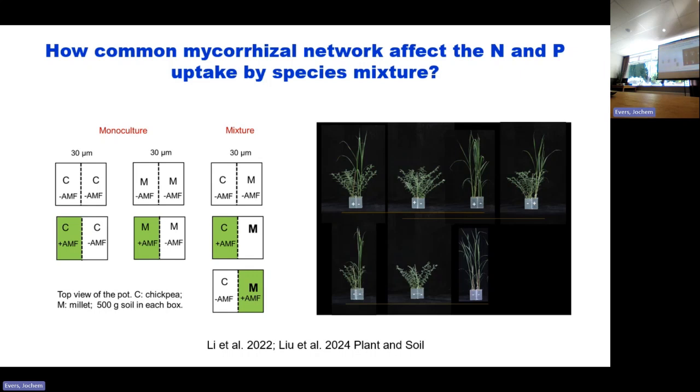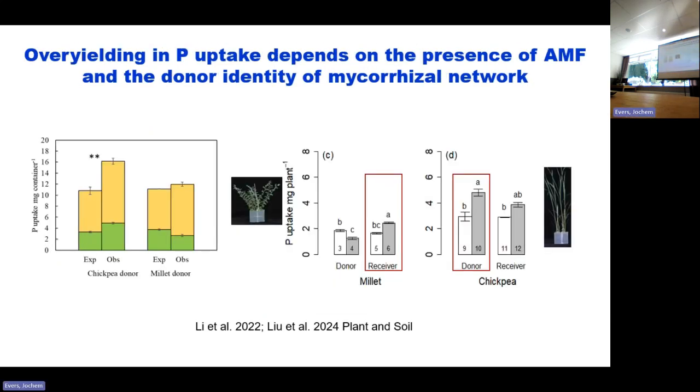Okay, so these are the experiments when we harvested. It's clear that without AMF, the plant growth is not so good. But with AMF, either on one side or the other side, the plant growth is better. And we found that without AMF, there is no overyielding in the P uptake.